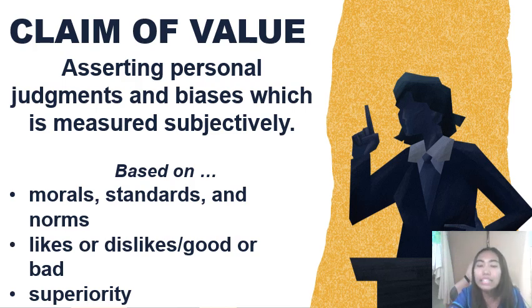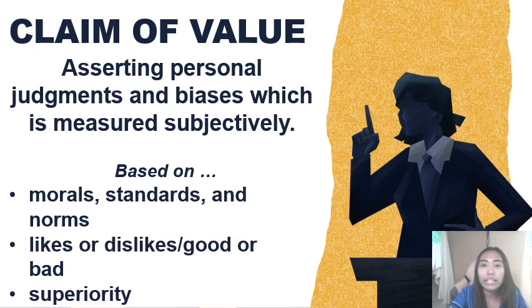Again, claim of value focuses on the personal judgments and biases of the author. What makes it arguable is that people may disagree on the criteria used to evaluate something.